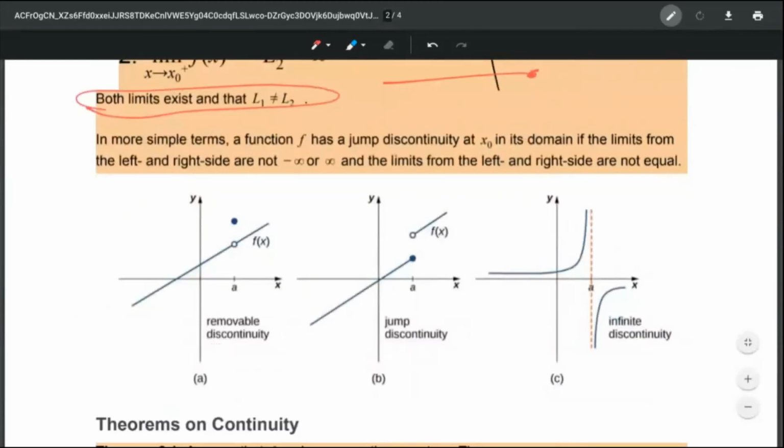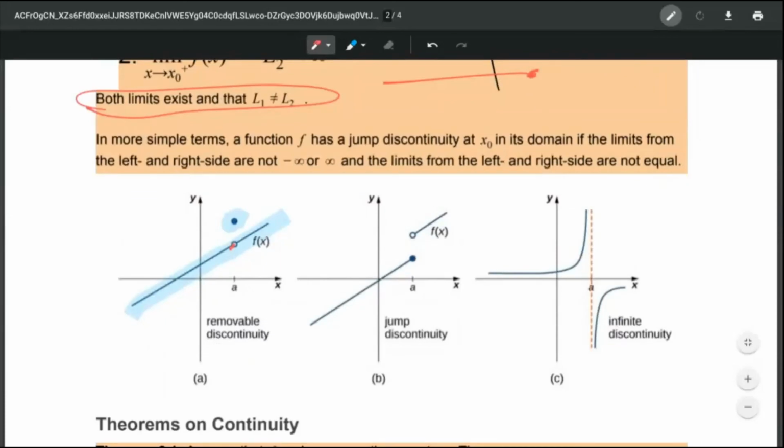And you can see it's basically the thing that we were talking about here. For removable discontinuity, the limit exists and it goes to the same thing. Well, it has to go to the same value from both sides, left and right, but it just jumps up here to that one dot. But if we change the definition of the function for that one dot, it would make it continuous. And so that's a removable discontinuity.